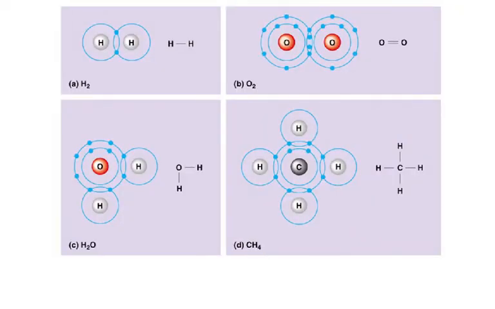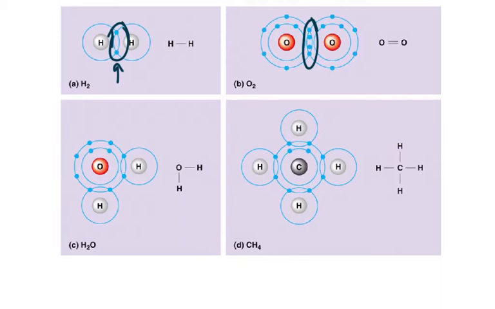So here's a couple of examples of covalent bonds. In the first one on the left here, you have hydrogen sharing electrons. You can see the overlap of their orbitals there. The little blue dots are the electrons that are being shared. Same thing's happening here with oxygen. You'll notice that one is a double bond, where they're sharing 2 pairs of electrons.